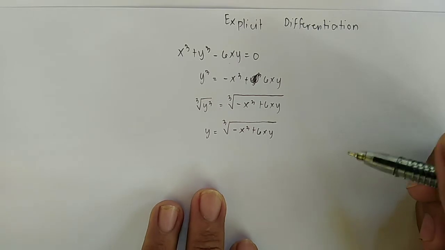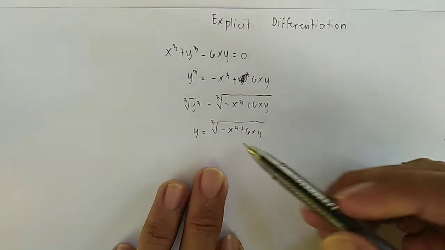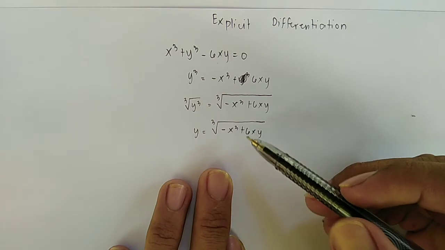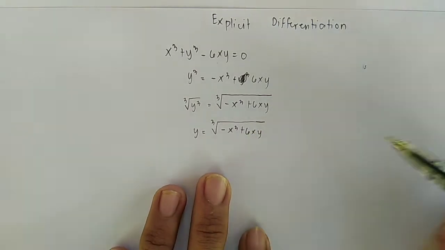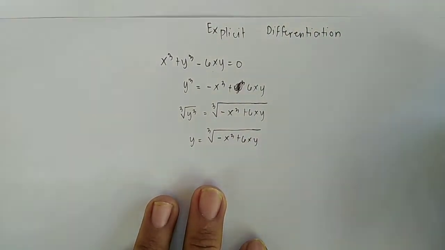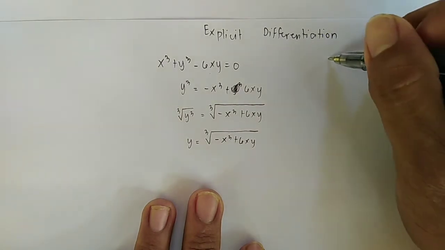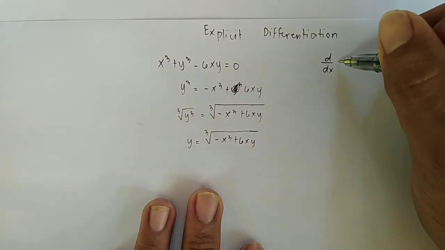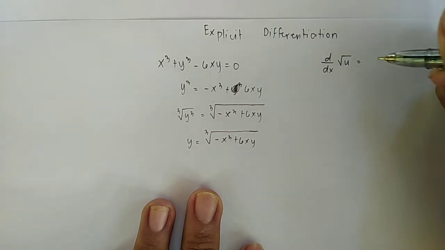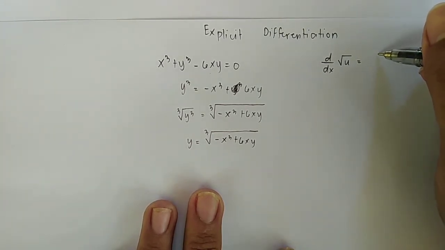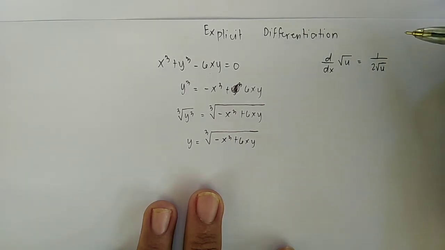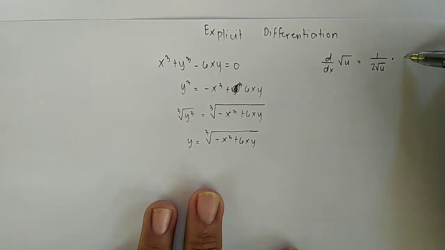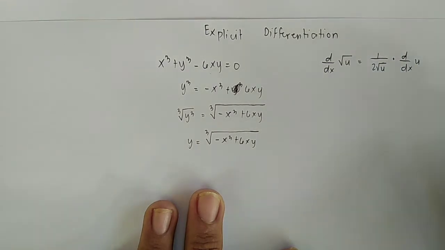So here we can apply the power rule, or we can rewrite this into exponential form. Notice that the power rule is defined by d over dx of the square root of u equals 1 over 2 square root of u times the derivative of the inner expression u.